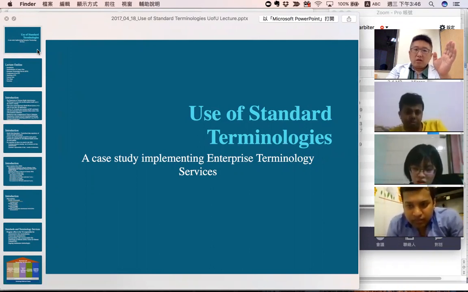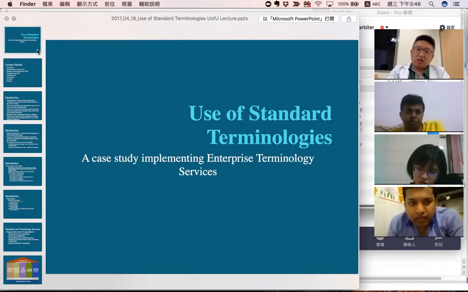So the VA in Taiwan is like the tri-service military hospital. Most countries, like in the US and in Taiwan, have that kind of veterans affairs system.